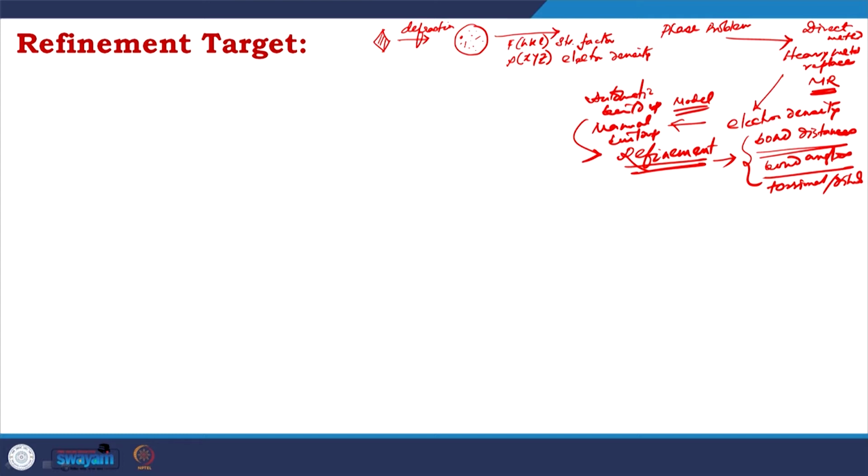So, these are called bonded parameters. In addition, we are taking care of hydrogen bond, van der Waals and Coulombic interactions, the non-bonded parameters.